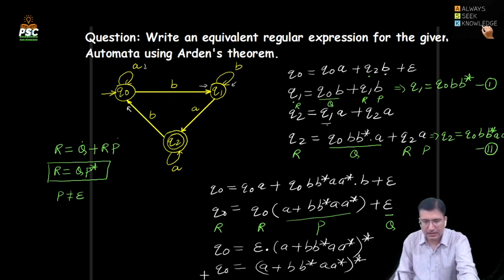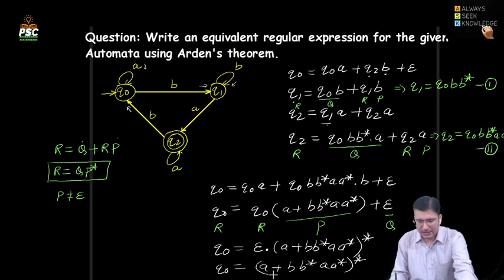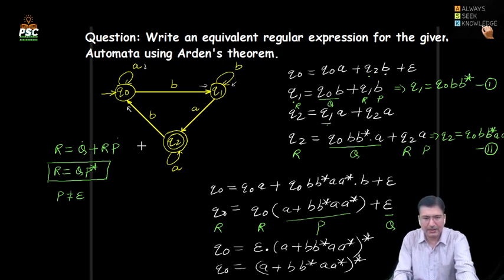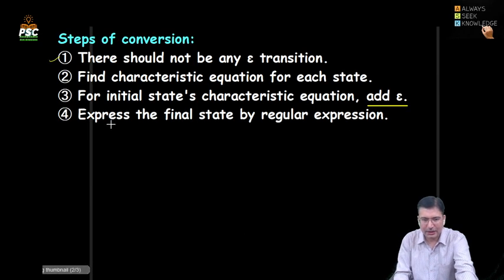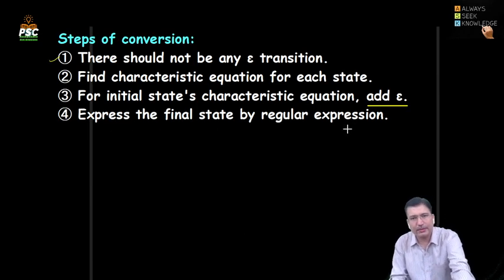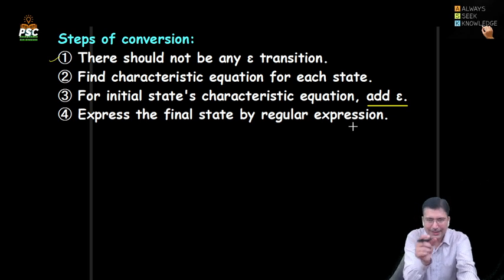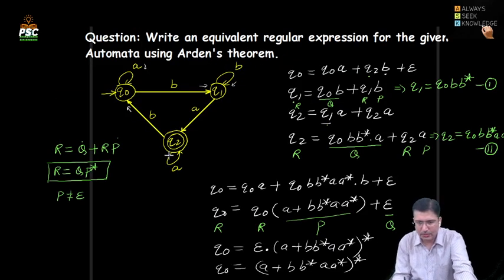So this is the equation of Q0, right? Now we cannot say this is the final regular expression of this particular automata. This is just to depict how we can convert. The last step which I have mentioned here is to express the final state by regular expression. So we need to write the regular expression for the final state, and in this automata, the final state is Q2.